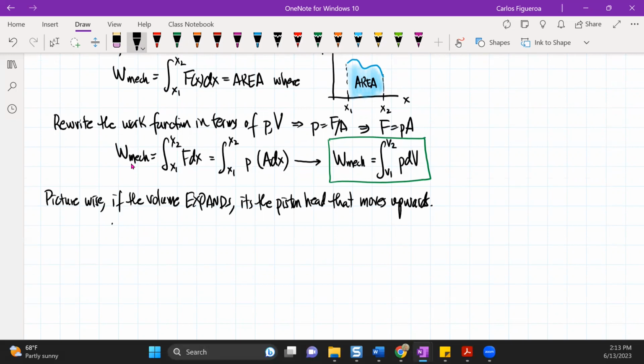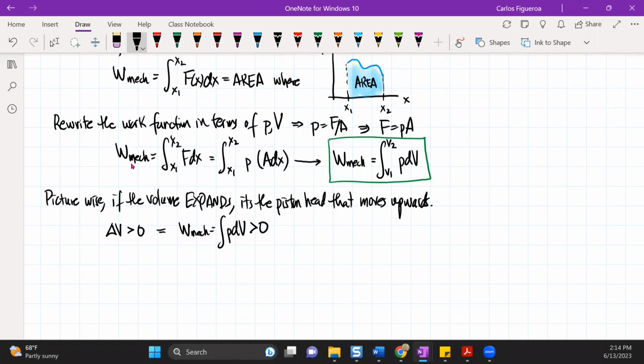So in this case, if delta V is positive, then the mechanical work, which is P dV, has to be a positive quantity.